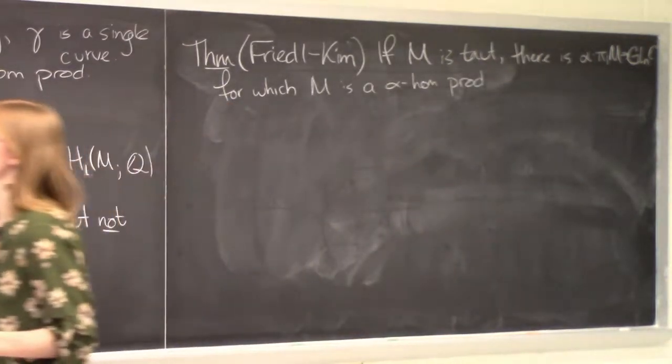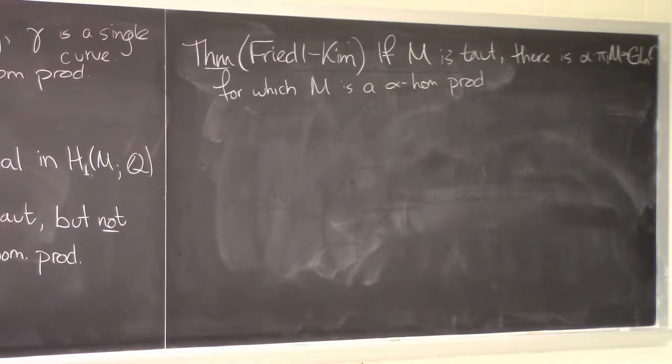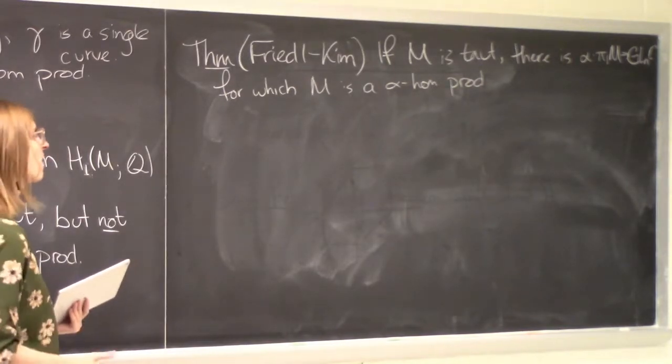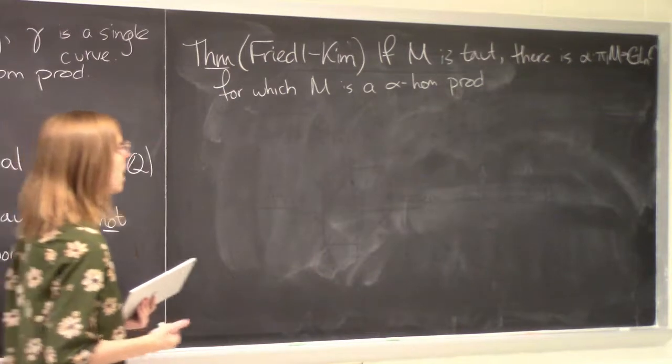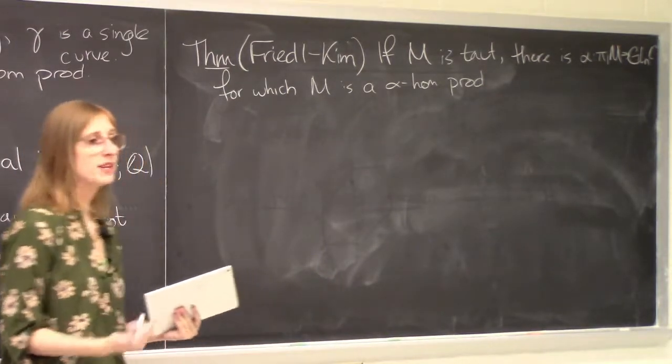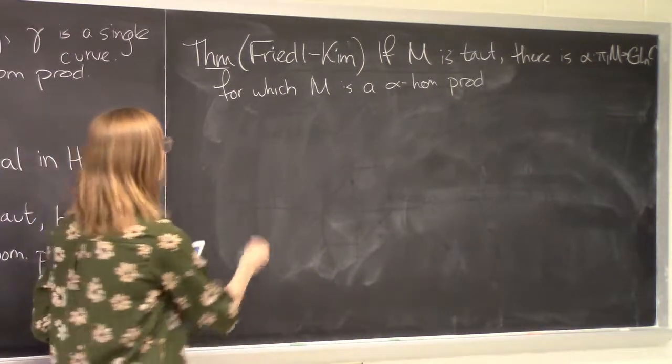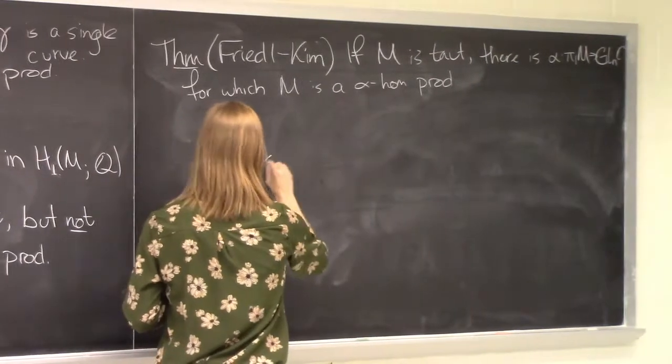The question is, how complicated does this need to be? And this theorem really gives no concrete sense at all on how complicated of a representation you need, what dimension you need, because this uses Agol's virtual fibering.